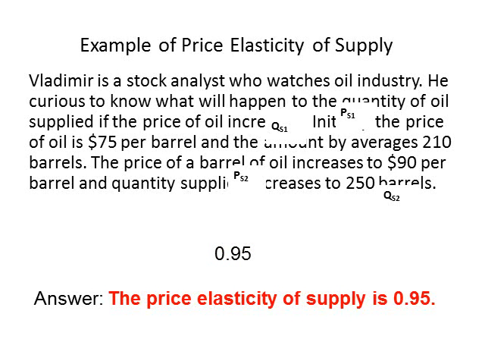So the elasticity of supply of oil in this example is 0.95. The answer means that when the price of oil increases by 1%, suppliers are willing to supply 0.95 percent more oil, everything else being equal. However, the problem is not quite finished because the number needs to be interpreted.